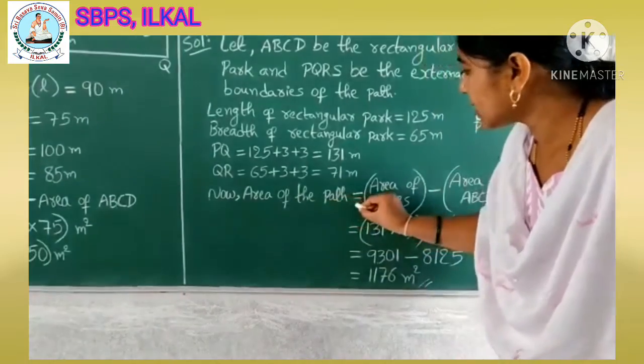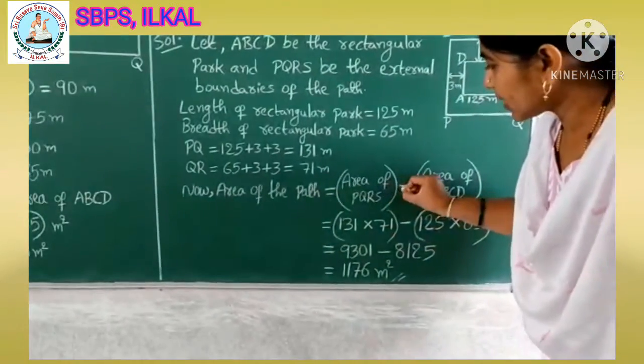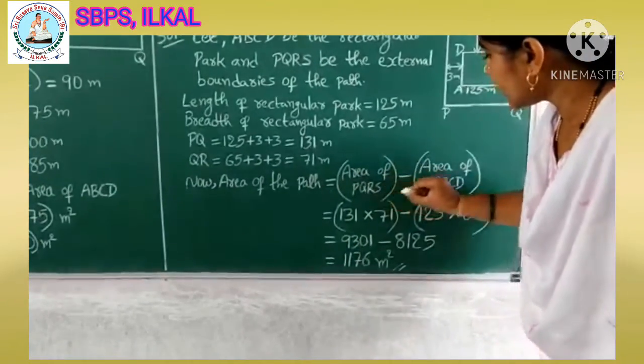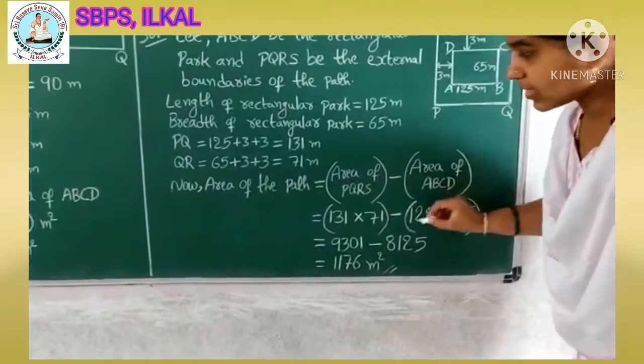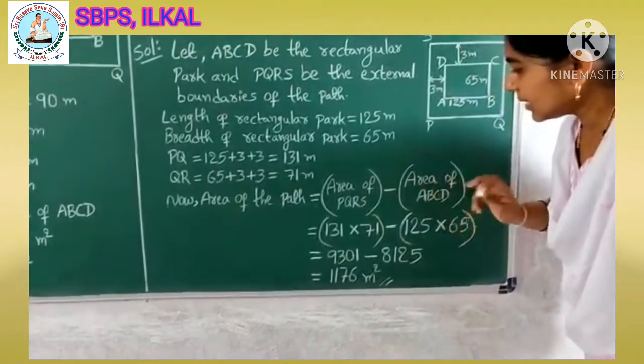Now, area of the path, only area of the path if we want, we have to subtract area of PQRS and area of ABCD. That is, area of PQRS minus area of ABCD.